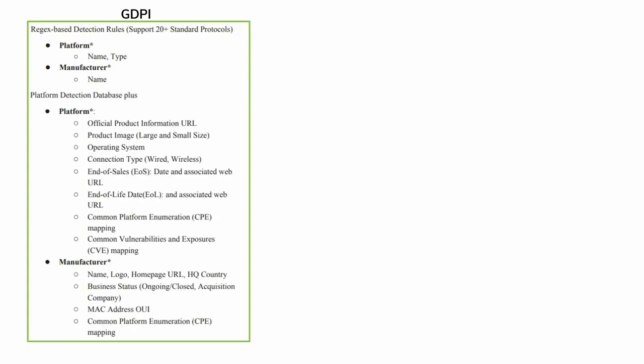The second part of the database includes all of the extended metadata for the platforms and the manufacturer-specific information. This includes things such as the image of a device, end of sale, end of life information, CVE mapping, business status, etc.